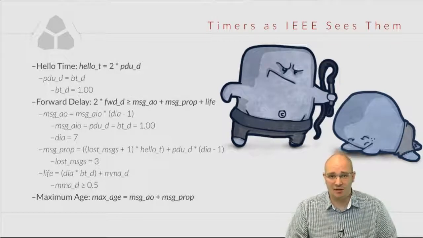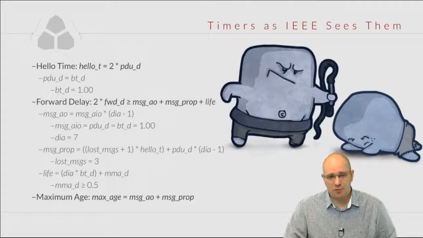And it is itself calculated as message AIO times diameter minus 1. Now, message AIO is something called the maximum message increment over estimate, and it itself is calculated as the same value as PDU-D, which we remember is 1 second. The diameter defaults to 7.